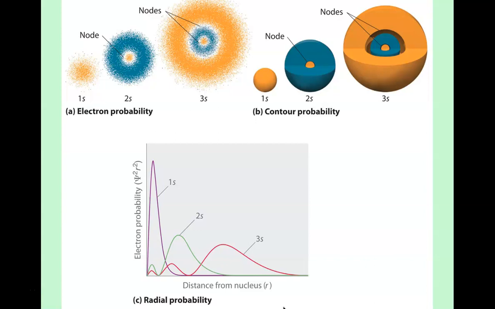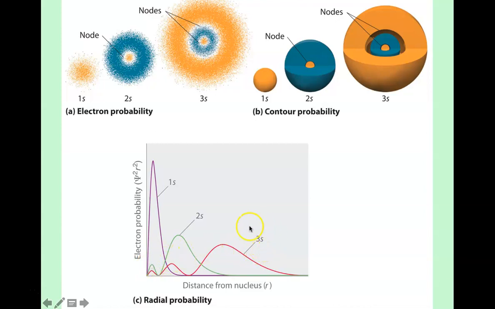Now, the bottom diagram, this is where the whole penetration idea comes from. We can see the purple 1s right here has very, very high probability really close to the nucleus. But then when the 2s comes along, 2s should be further from the nucleus. But then notice it has a little bit of probability pretty close to the nucleus.